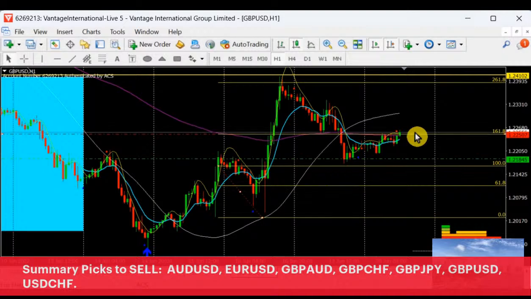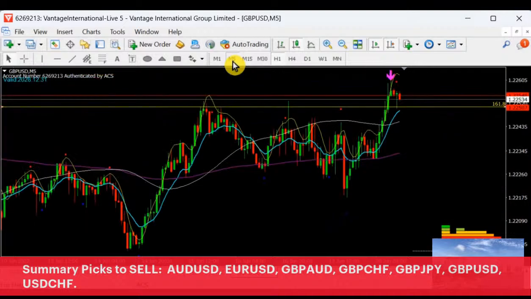That is very likely, right? Currently it is still struggling around this area, whether it will go into that area to go up further. So pound dollar in this session is probably going for a buying. It depends on this area here.